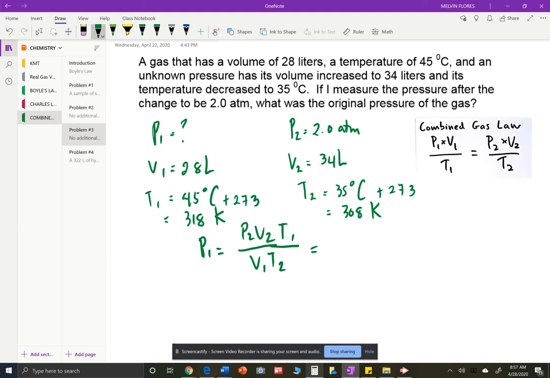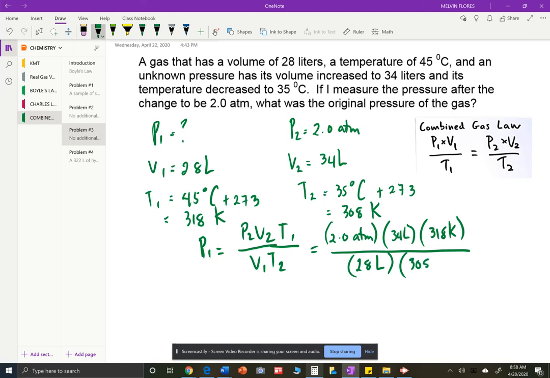Okay. So our P2 is 2.0 atm times V2, which is 34 liters, times T1, which is 318 K, divided by V1, which is 28 liters, times T2, which is 308 K. All right.